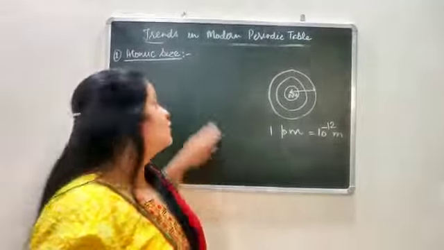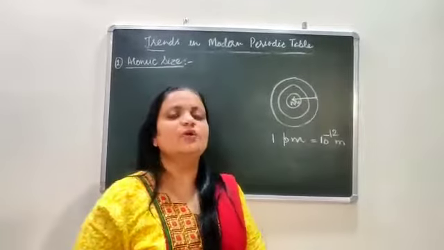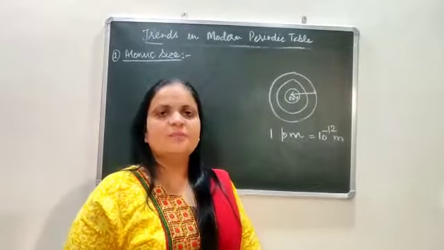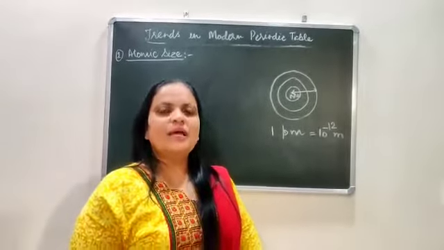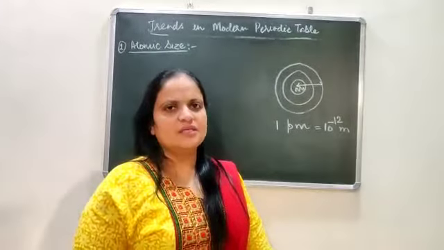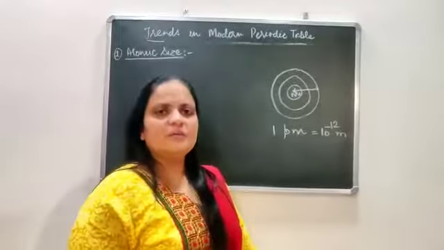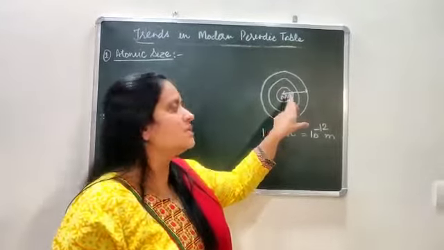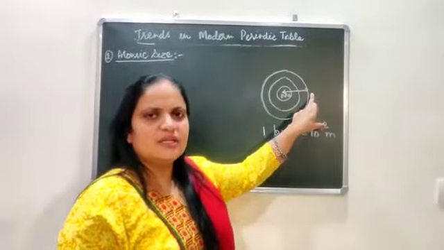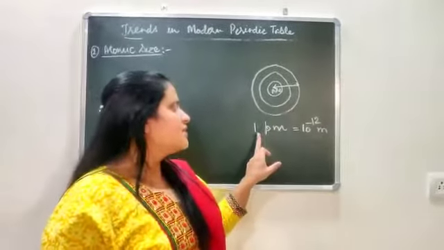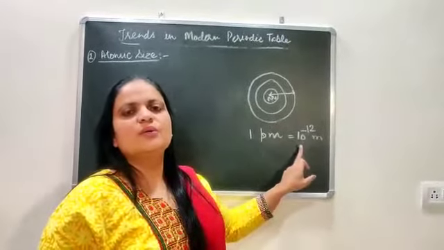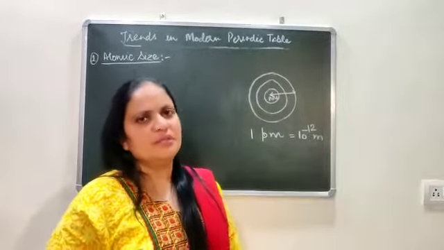Again repeating, atoms are very small. If we consider the atom as a sphere, then the atomic size would be calculated with the help of atomic radius. And atomic radius of any element is the distance from the center of the nucleus to the outermost shell. This atomic radius is calculated in terms of picometer, and 1 picometer is equal to 10 raised to power minus 12 meter.